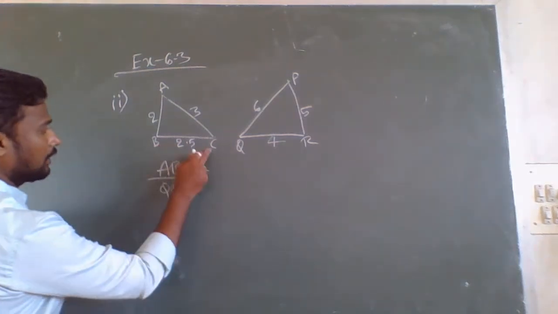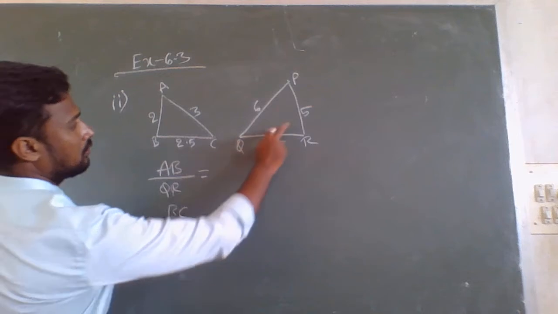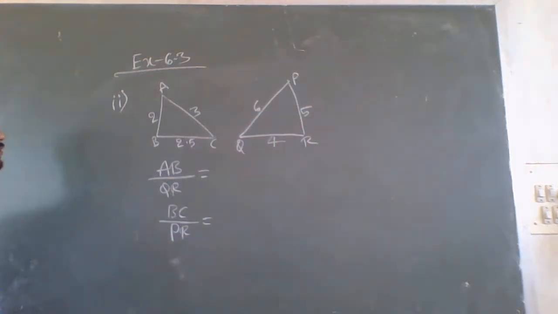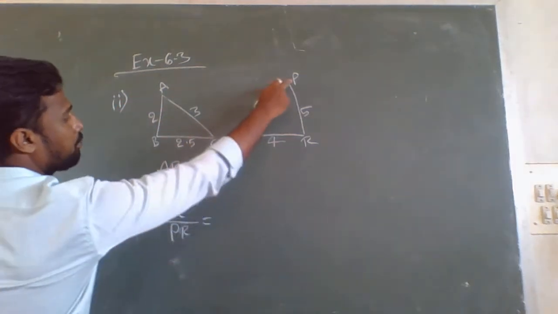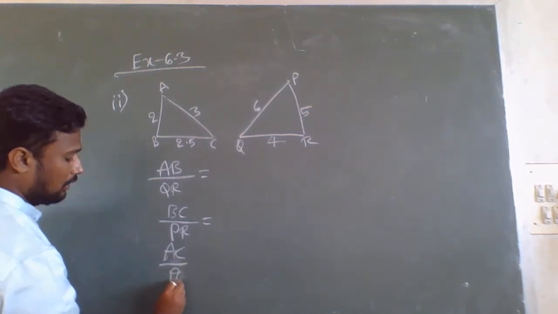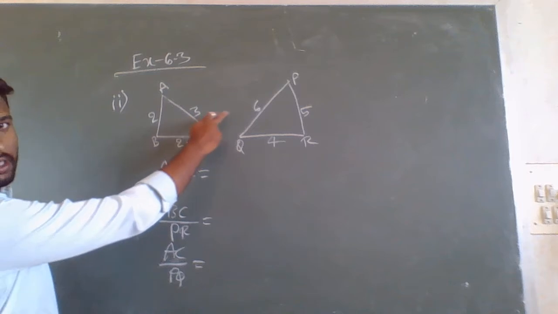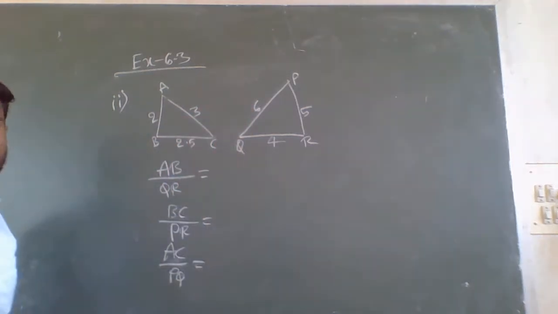So here I will write BC by PR. Like this only, here AC by PQ, because here AC is of 3 centimeters and PQ is of 6 centimeters, means 3 by 6. How much do you get? 1 by 2 only.